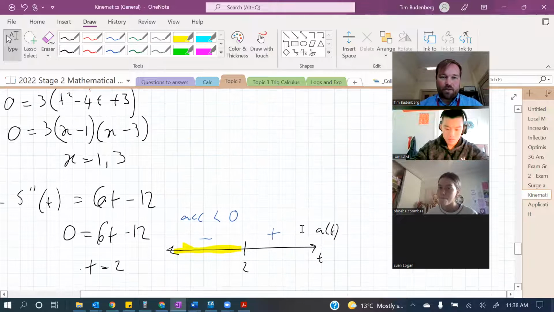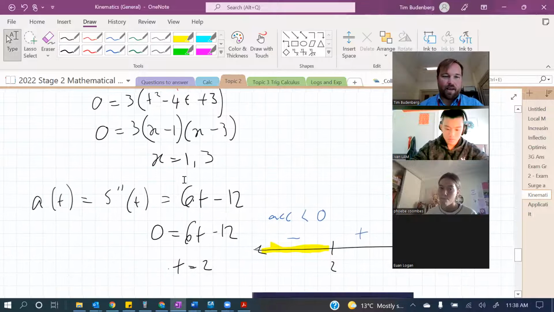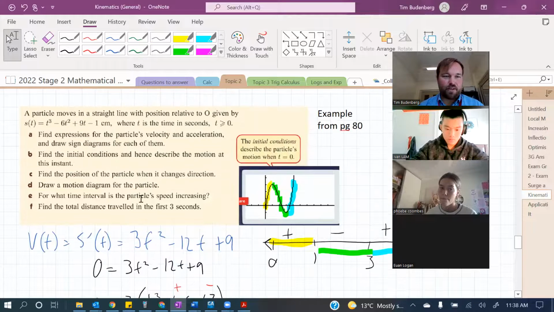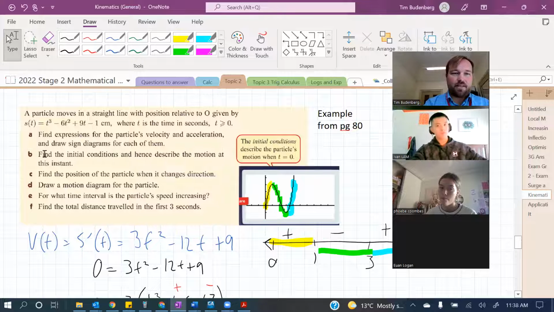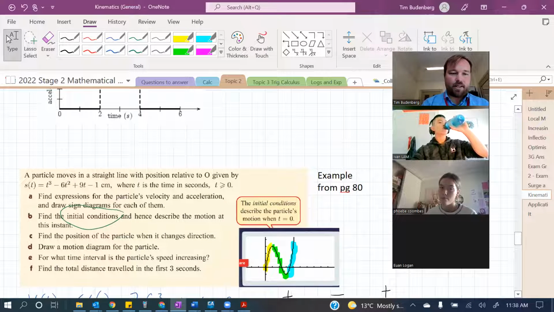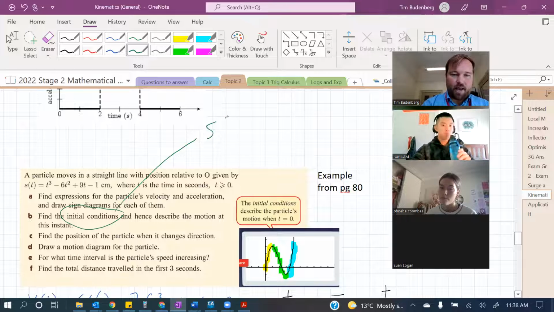All right, anyway, that's the 2 sign diagrams for part A of the question. Find the initial conditions and hence describe the motion at this instant. The initial conditions basically want you to find S0, V0, and A0.